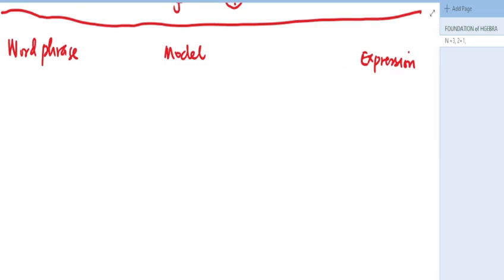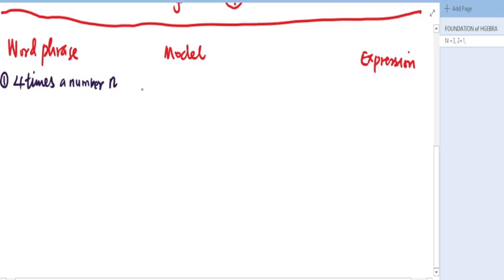So what if we have this word phrase says, let's say 4 times a number. This time around, let's say n. 4 times a number n.